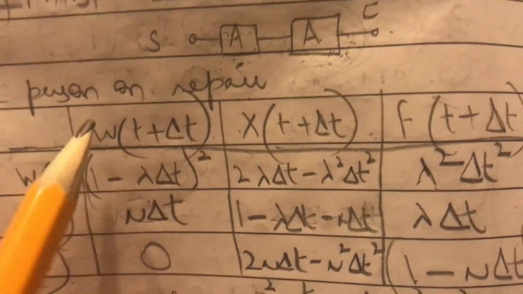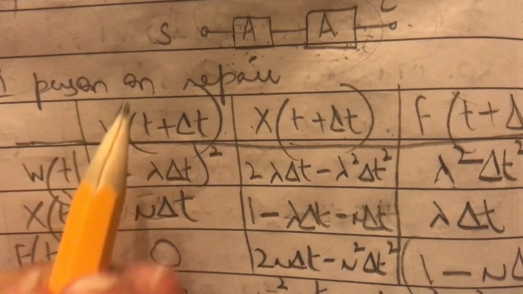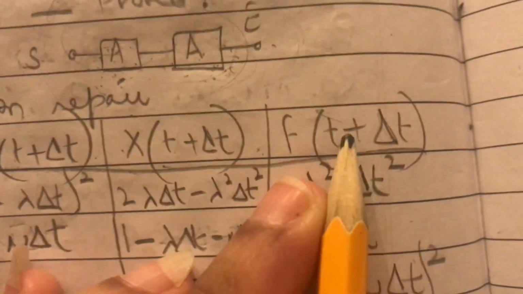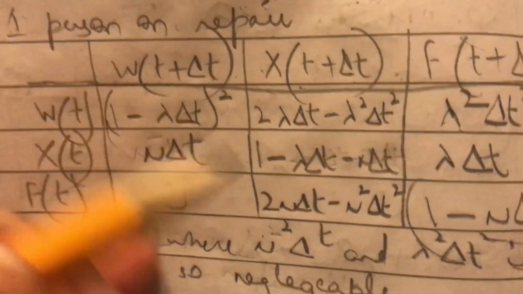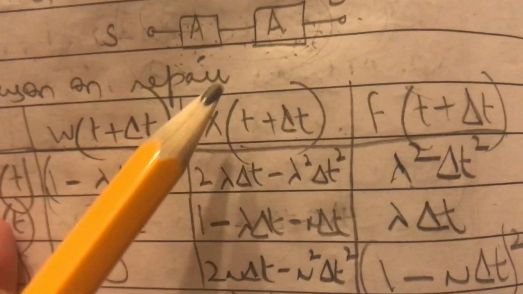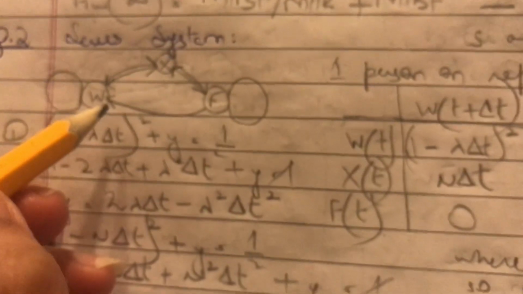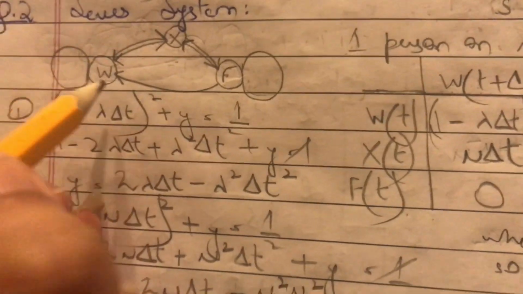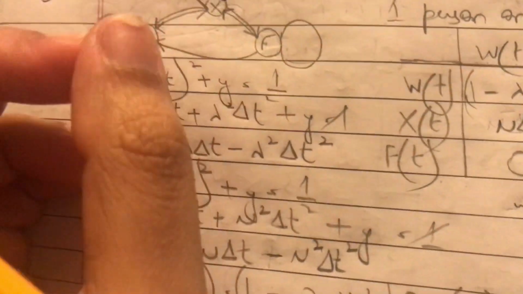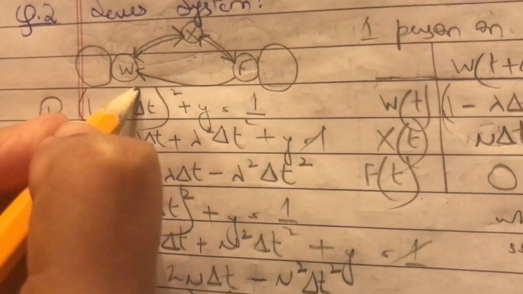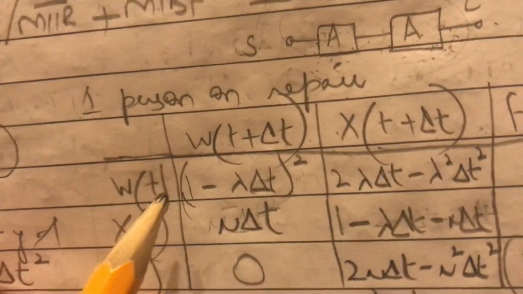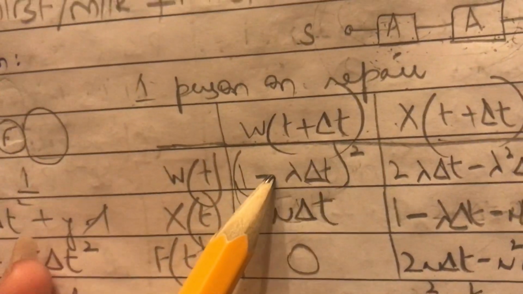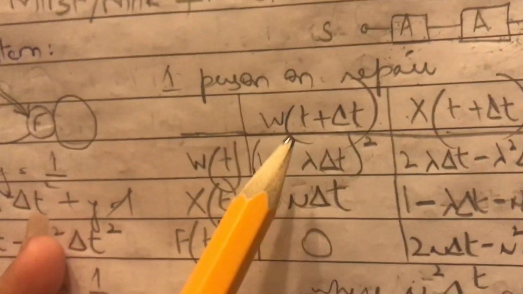I have told you that for W(t plus delta t) and F(t plus delta t), the transition was happening step by step from t to t plus delta t. The same is here. So what happens when we are in the working state? Suppose our item is in the working state. Then there is no chance of the item failing, because it's as good as new.